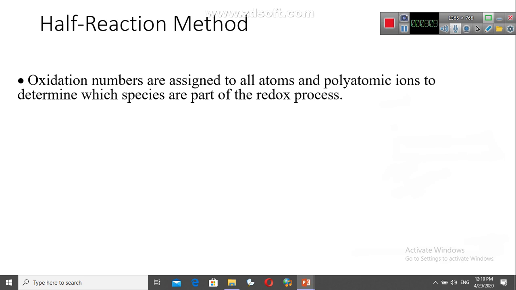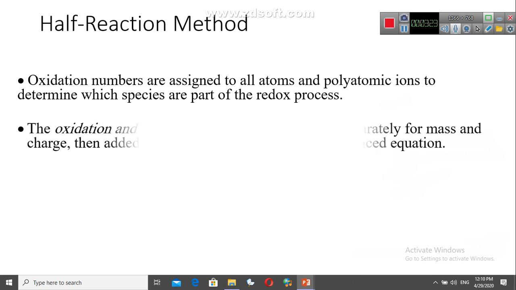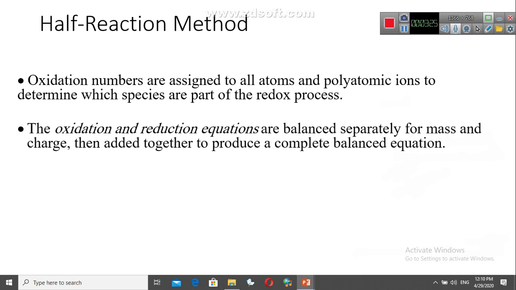The oxidation and reduction equations are balanced separately for mass and charge. Step by step, by applying these 7 steps, in each half reaction you must balance the mass and charge separately. They are then added together to produce the complete balanced equation.